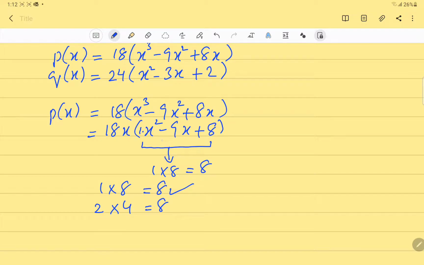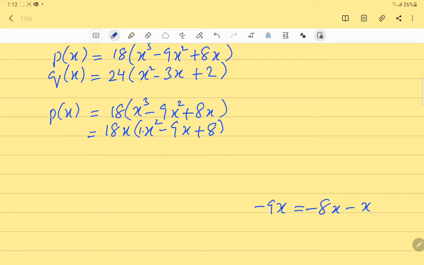So this minus 9x we can write as minus 8x minus x. So let us replace minus 9x with minus 8x minus x plus 8.